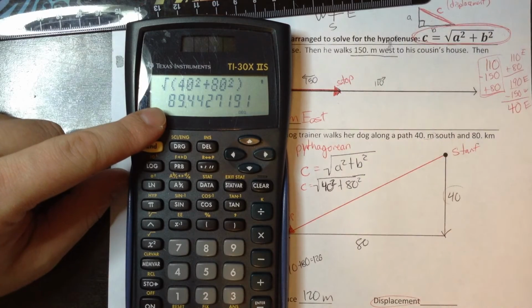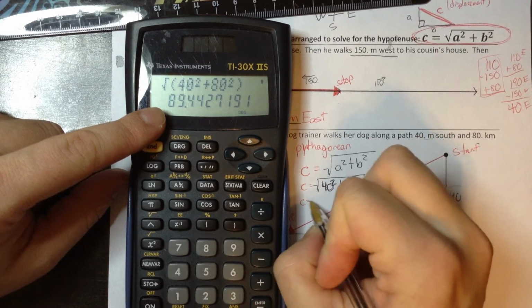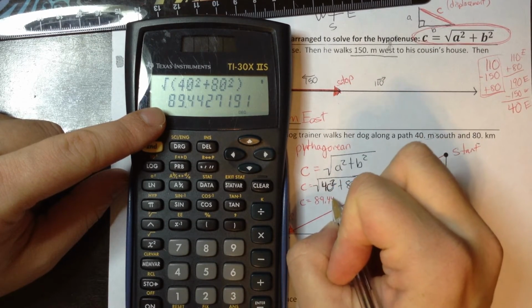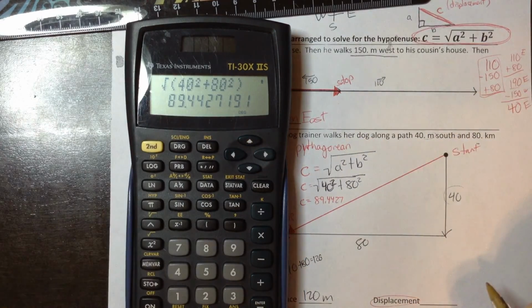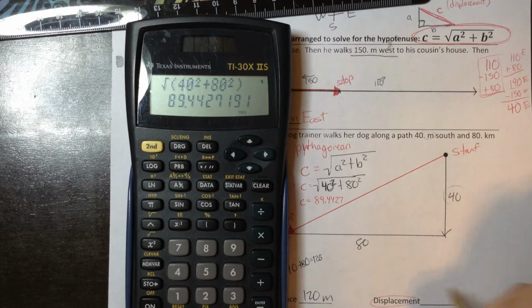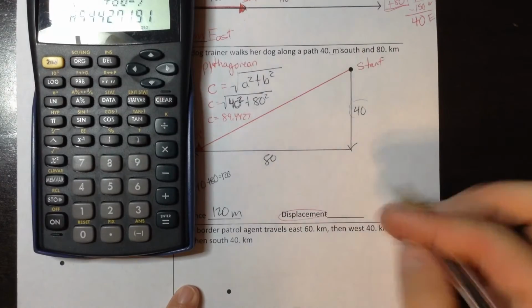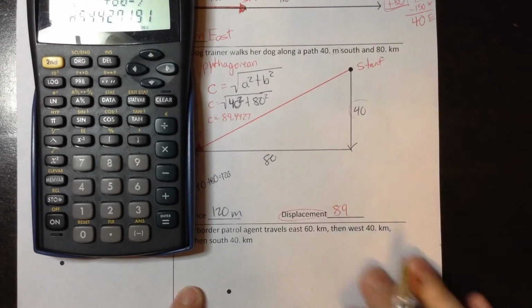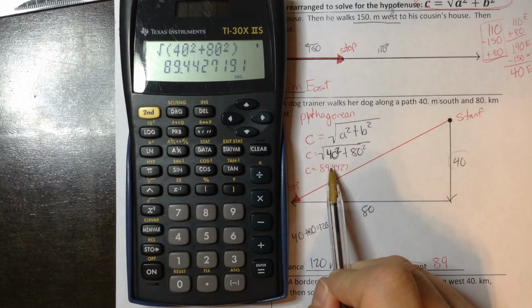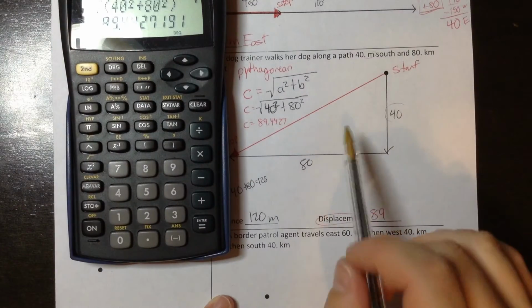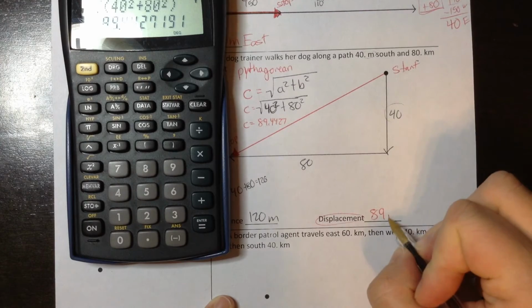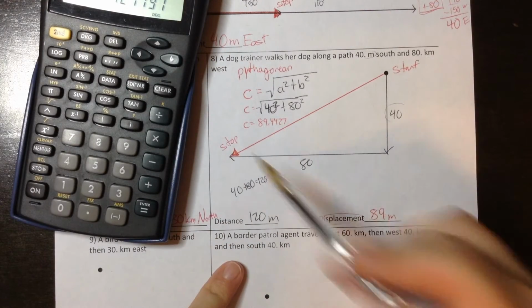Calculator says 89.4427 and so on. With 2 significant figures, my displacement is 89, because that 4 does not round the 9 up. So 89, and we're talking about meters. Now what direction is that going?